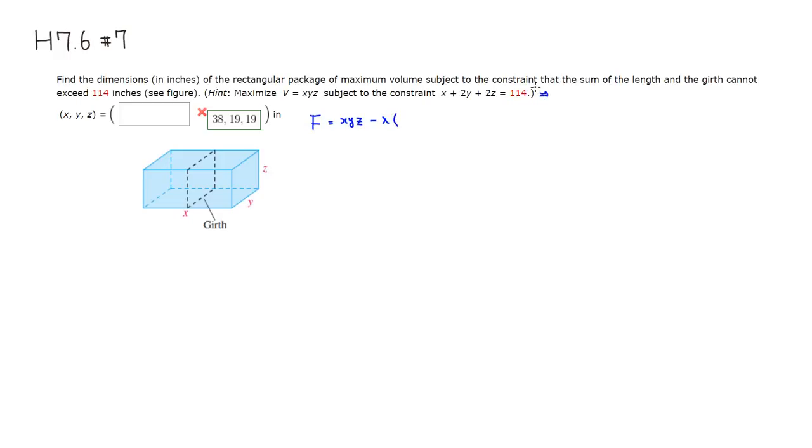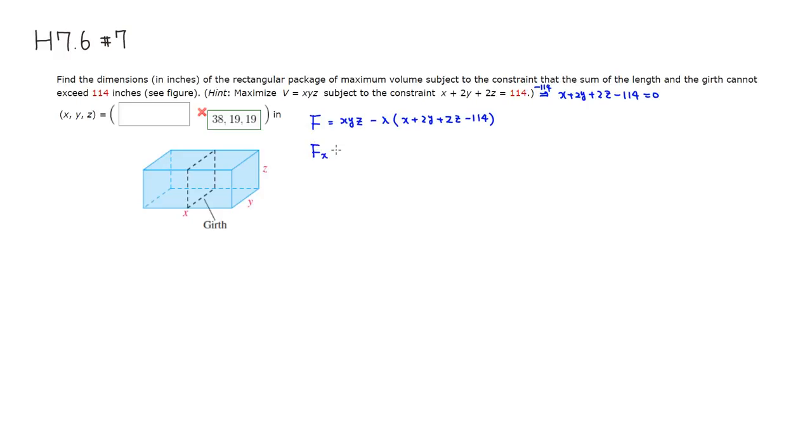I'm going to just subtract 114 from both sides, so that you have x plus 2y plus 2z minus 114 is equal to 0. So we have x plus 2y plus 2z minus 114. Let's take the partial derivatives.